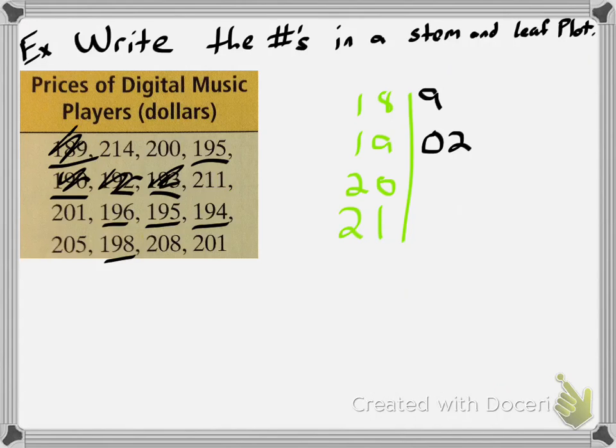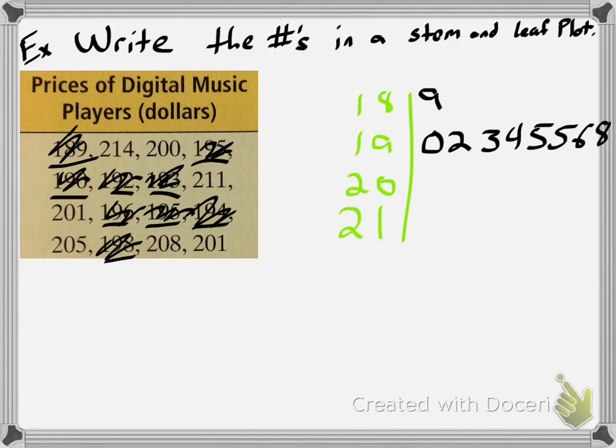There's a 3. Now if there was another 3, I would write another 3. But there's not. So there's a 4. There's a 5. Another 5. A 6. And an 8.